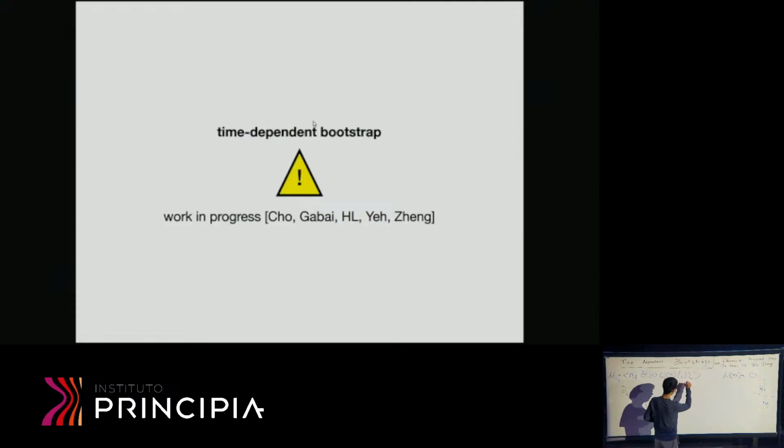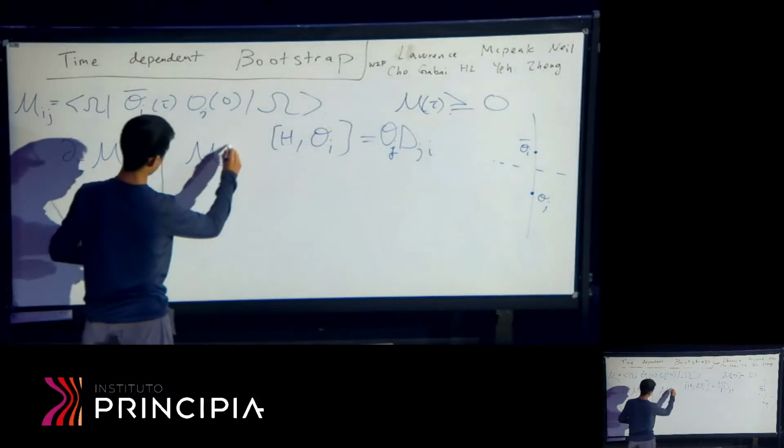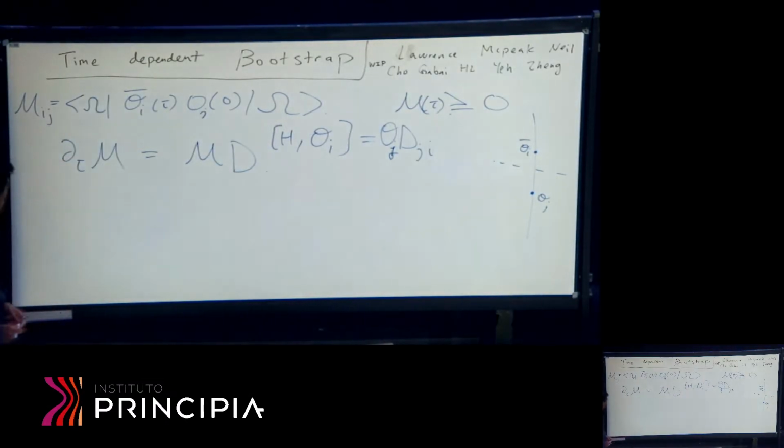Well, let's define the commutator of H with O_J to be some matrix D. Then we can write this as MD. So this is just the Heisenberg equations of motion.